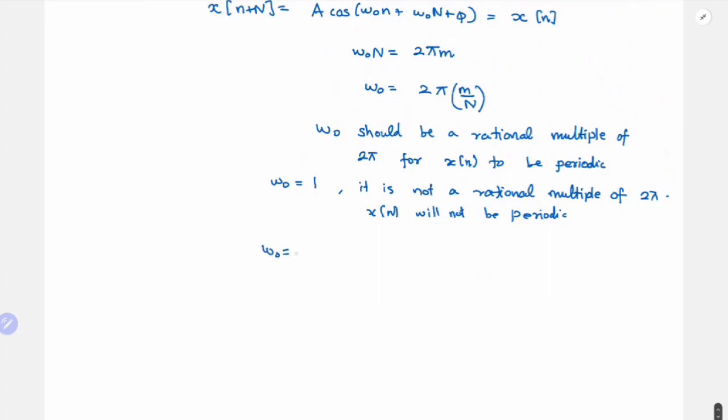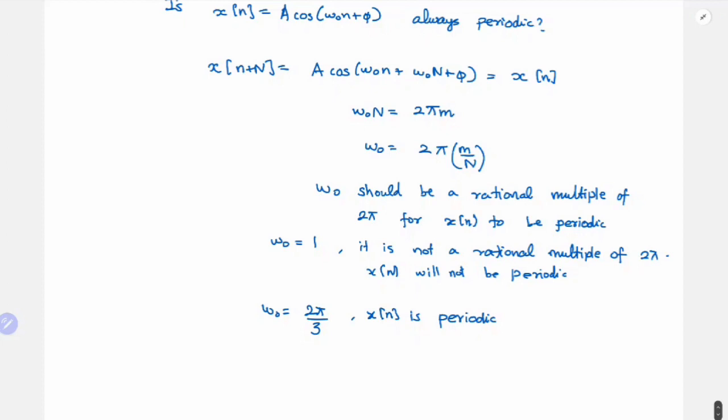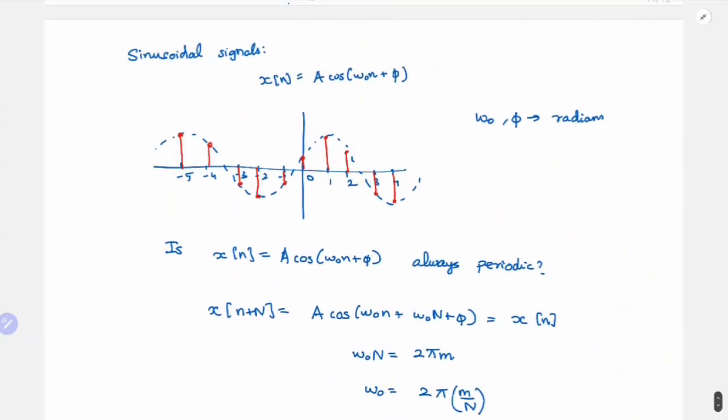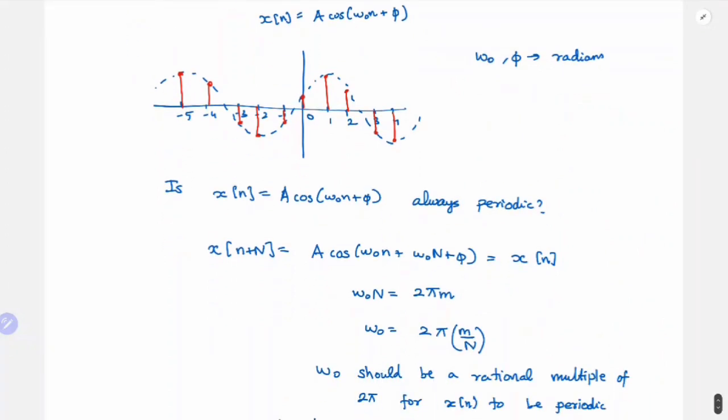So another example, if it is 2 pi by 3, you can see there is a 2 pi factor, so x of n is periodic. So this constraint is important. This is one of the stark differences between continuous time signals and discrete time signals in terms of the complex exponentials or the sinusoidal signals. And this arises as a matter of fact that your n is discretized and it can take only integer values.